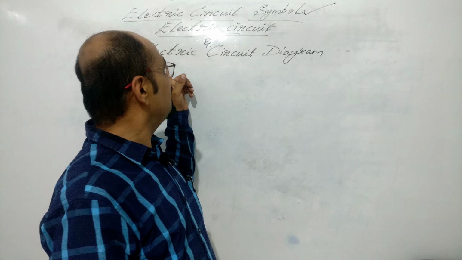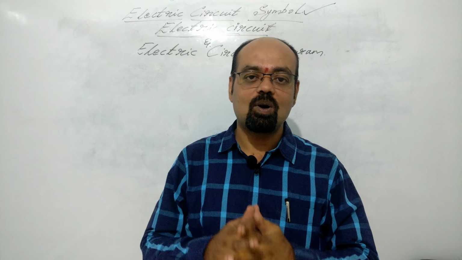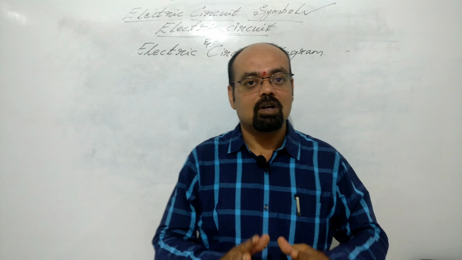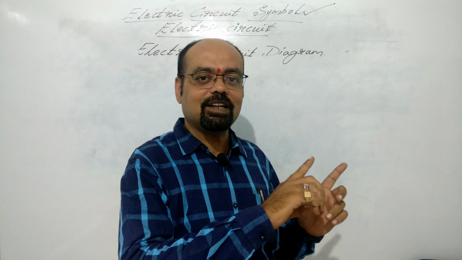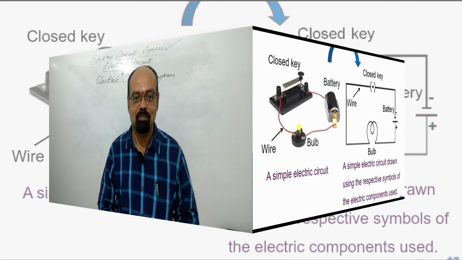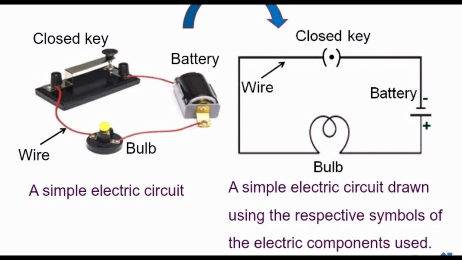Moving on to the third topic, the electric circuit diagram. Let us know what an electric circuit diagram is and what the difference is between an electric circuit and an electric circuit diagram. My dear students, on the screen you can find two circuits. One is a simple electric circuit, which we have already studied, on the left hand side. On the right hand side you can find the circuit diagram of that simple electric circuit.